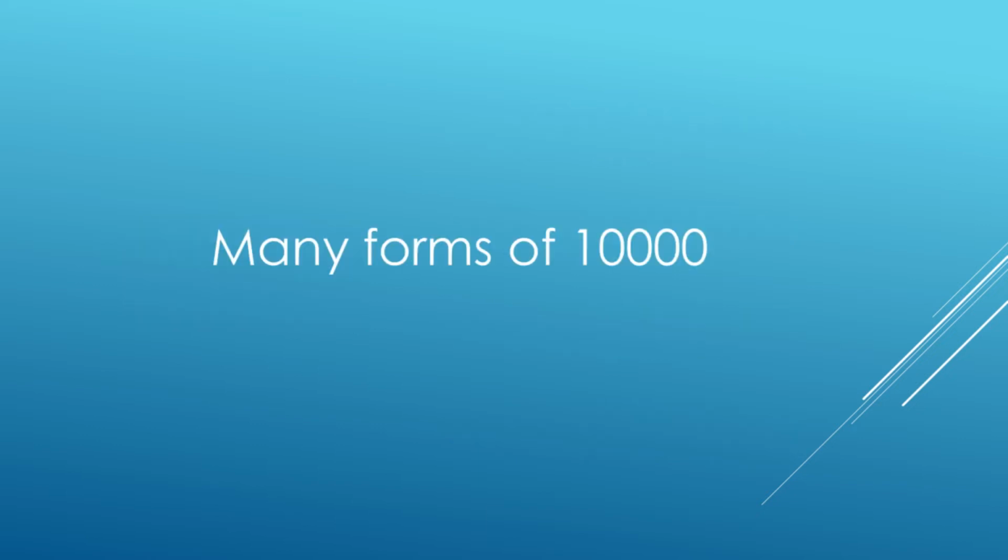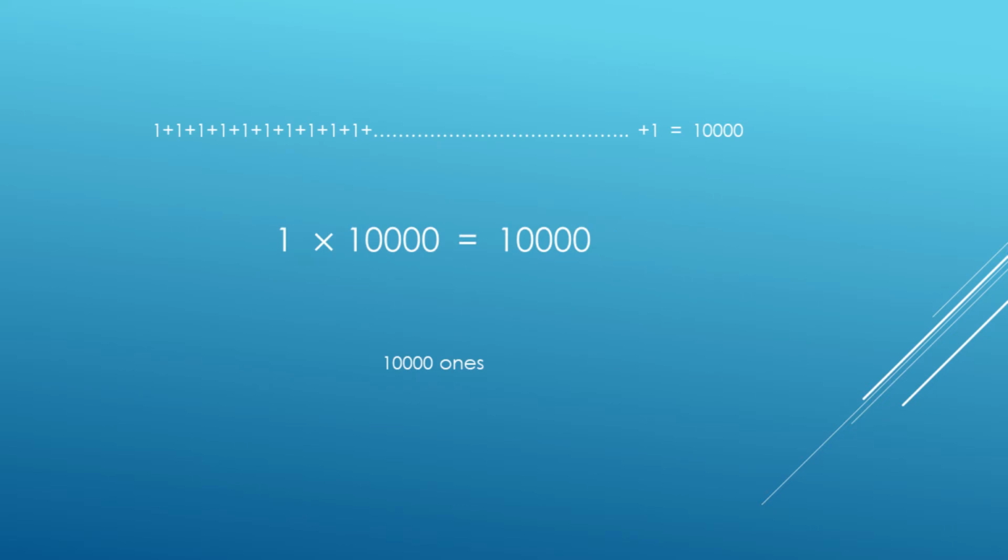Many forms of 10,000. If 1 is added 10,000 times, we get 10,000. That means there are 10,000 ones in 10,000. If we add 10 a thousand times, we get 10,000. That means there are 1000 tens in 10,000. If we add 100 a hundred times, we get 10,000. That means in 10,000 there are 100 hundreds.